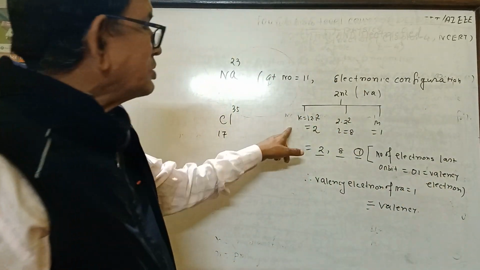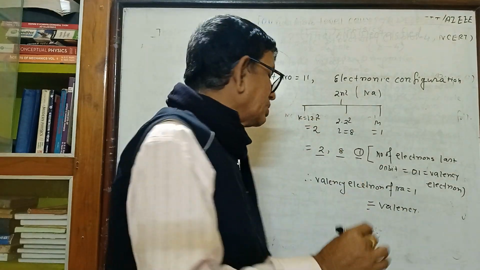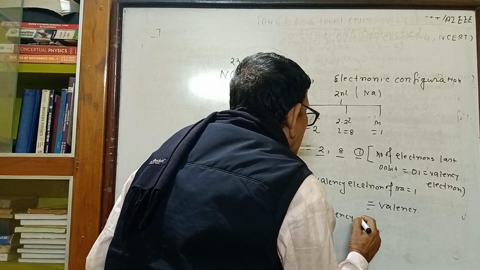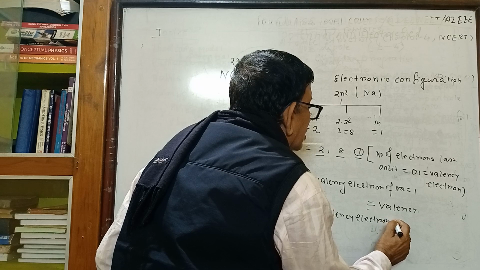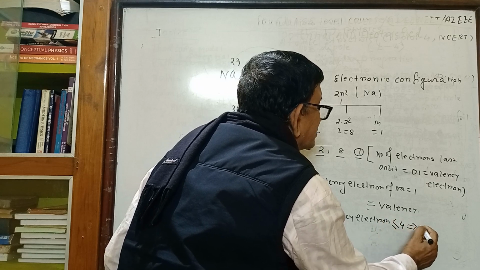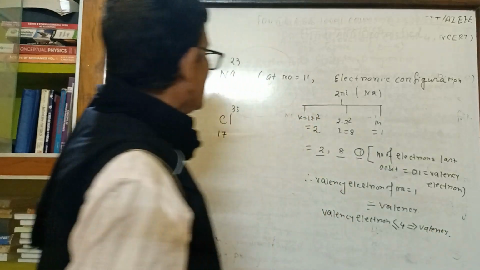So what is the valency of sodium? That is 1, because if the valence electron count is less than or equal to 4, that is the valency. Clear?